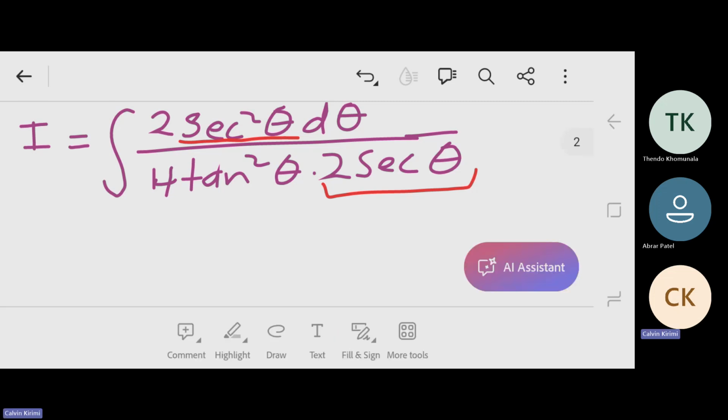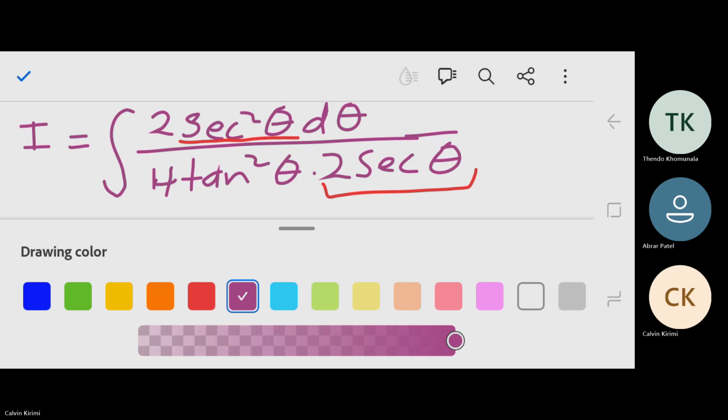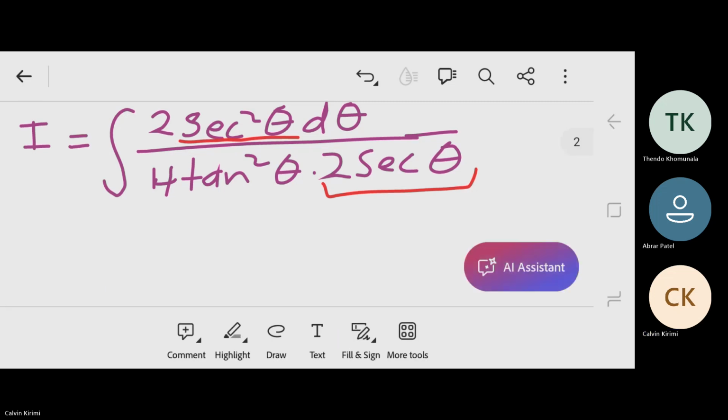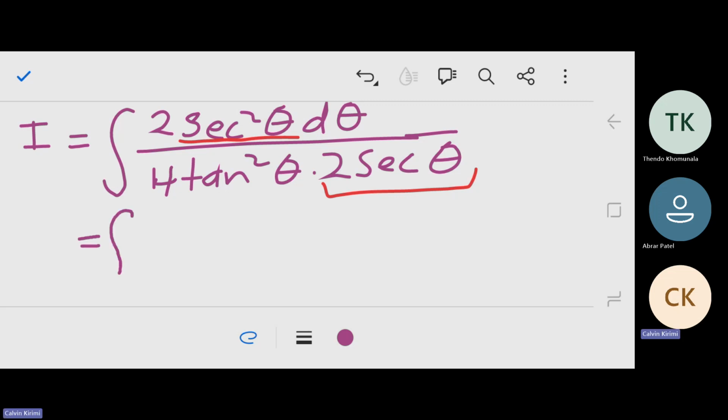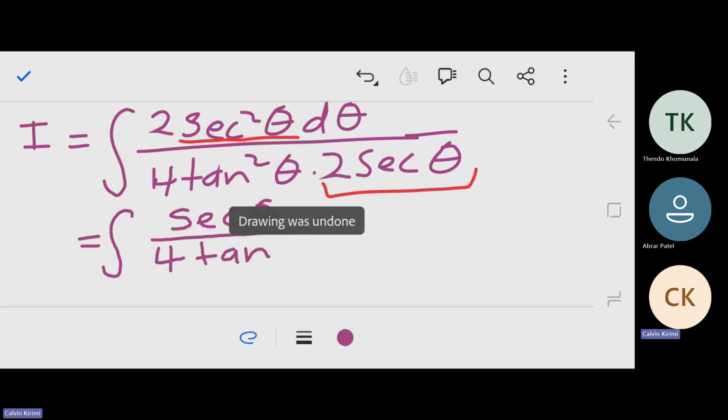now the integral, which means it's now equal to the integral of, we cancel, so the 2 and the 2 cancel, then we are going to be left with secant theta over 4 tan squared theta d theta.